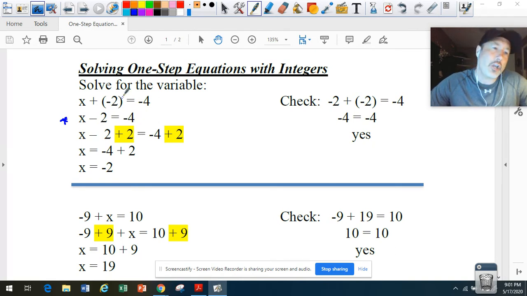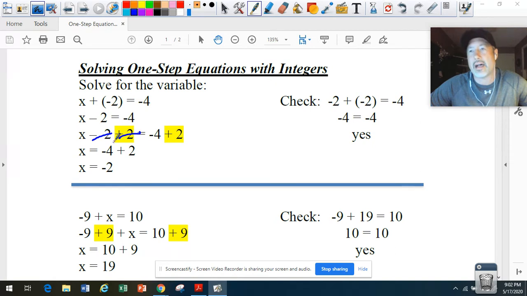If we go back up to the top, this is plus -2. The opposite of -2 is what? +2. Remember, what we do to one side, we must do to the other. So if I'm going to add 2 here, I must add 2 over here. And remember, the variable is a neat freak. Clean up your garbage. You know that -2 plus 2 is 0.